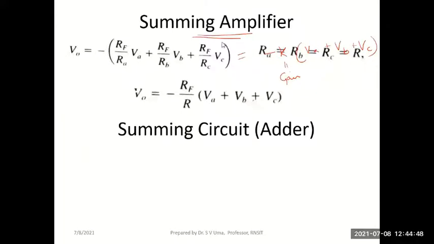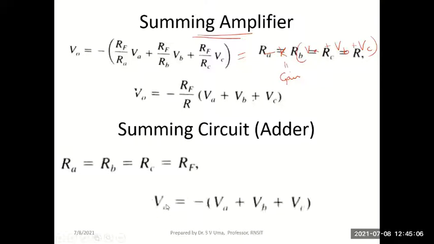You have seen that if you make RA, RB, RC equal, you will get a common factor outside, which will be the gain multiplied with the sum of the inputs. Now if you want only the sum of the three input signals, output should be minus of VA plus VB plus VC.